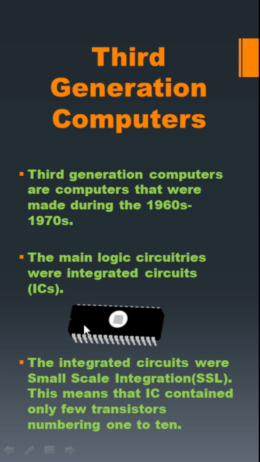So the basic shift was the formation of these integrated circuits. The integrated circuit in the third generation was small scale integration, which means that in a single integrated circuit, only a few transistors are contained, numbering 1 to 10.